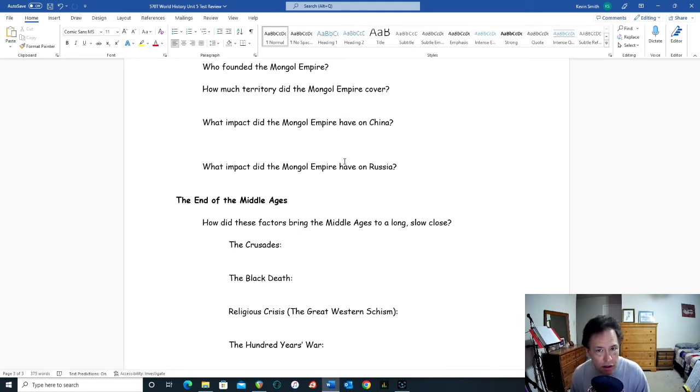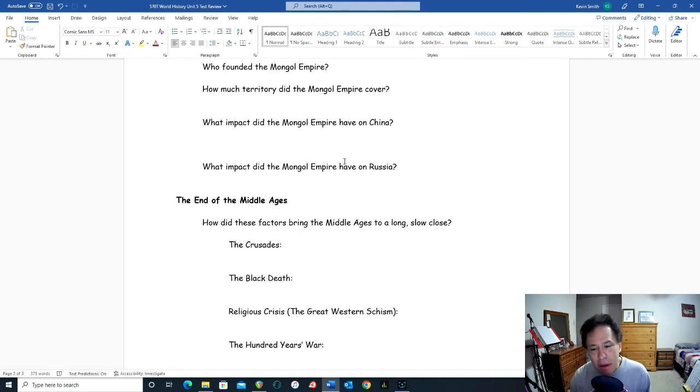In the east of it, there's China. They rule China. In the west, there's Russia, and they rule that. And then going back and forth throughout their empire, from east to west, is that Silk Road trading network that they take great pains to protect, because that network is making them a lot of money.